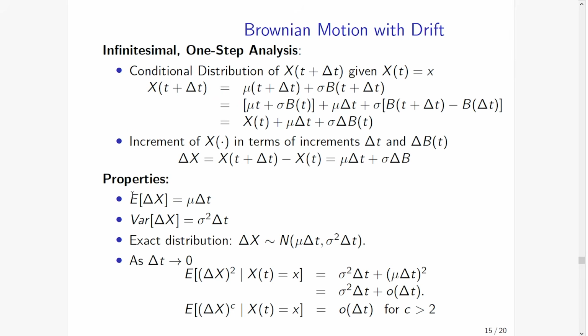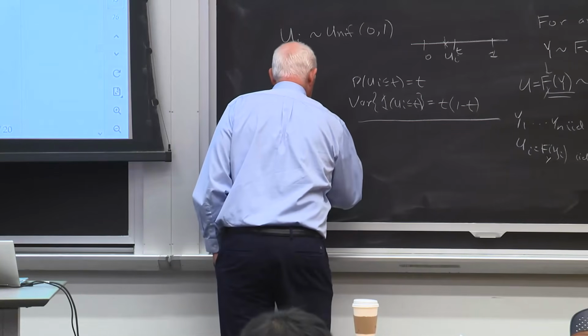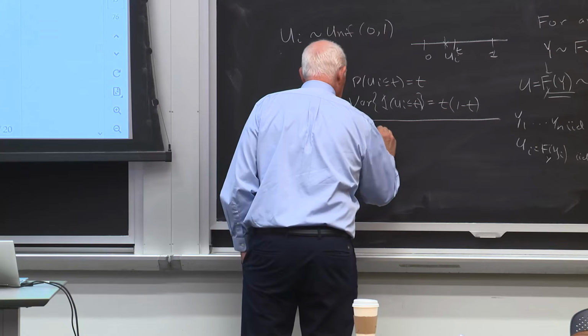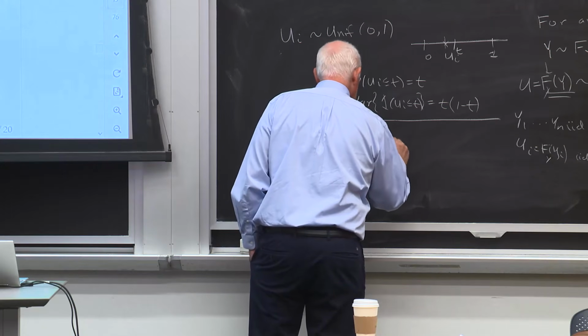And we can work with the Brownian motion with drift using a one-step analysis. In considering this x process, x is equal to t mu plus sigma b of t.